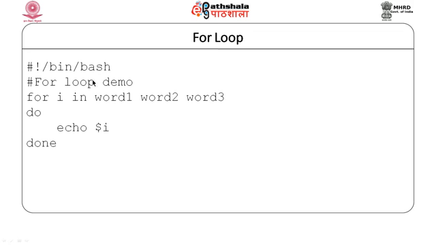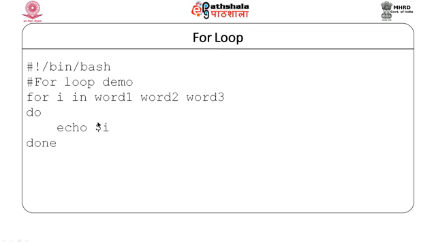This is a very basic example. I am taking the list of 3 words, word 1, word 2, word 3, and I is the variable name. So, when I say for I in word 1, word 2 and word 3, it means my loop will iterate 3 times, first for the word 1, then for the word 2 and finally for word 3. And for each iteration, the value of the word will be stored in the variable I. So, when the loop iterates for the first time, it will display word 1.